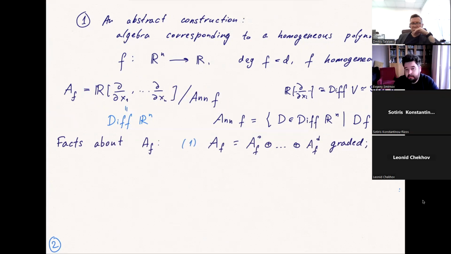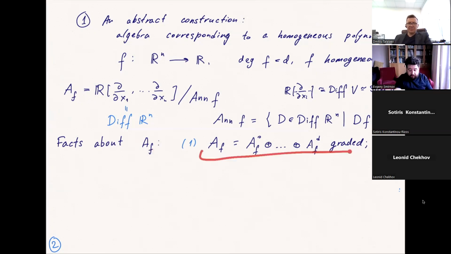Because the polynomial has a degree, and if I apply some differential operator of larger degree to f, I'll get identically 0, right? So for d of degree large enough, these d's will lie in my annihilator. And let me just formulate a couple of facts about A_f.